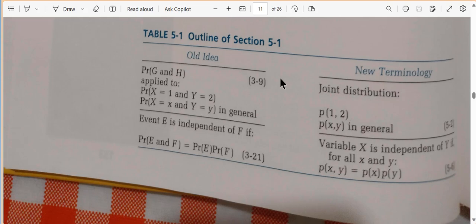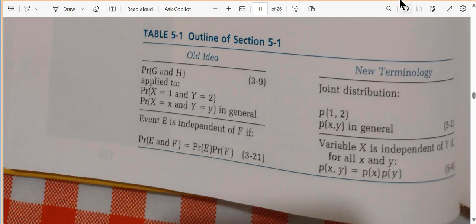But here we're talking about joint, we use the terminology of joint distribution. So to rewrite this, we say the joint distribution of X and Y, and we say the probability of 1 comma 2 instead of this, and the probability of x, y in general instead of this. So what does this mean? It means this. So again, the comma is for the word and.